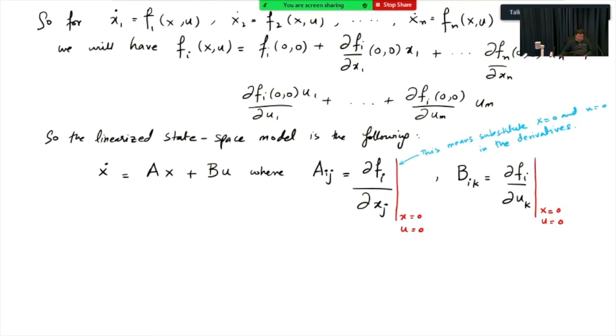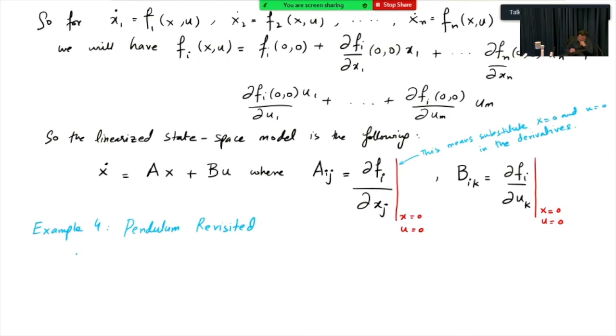Okay, so that's the general procedure, but we can do a quick example here to give you an idea of how to actually do it with a real function. So let's do an example: pendulum revisited.